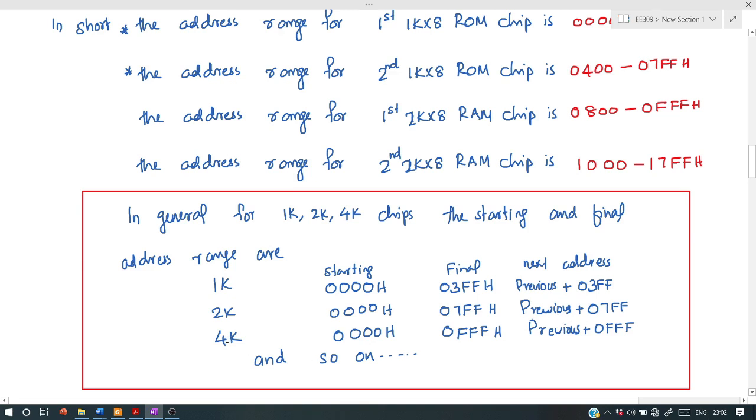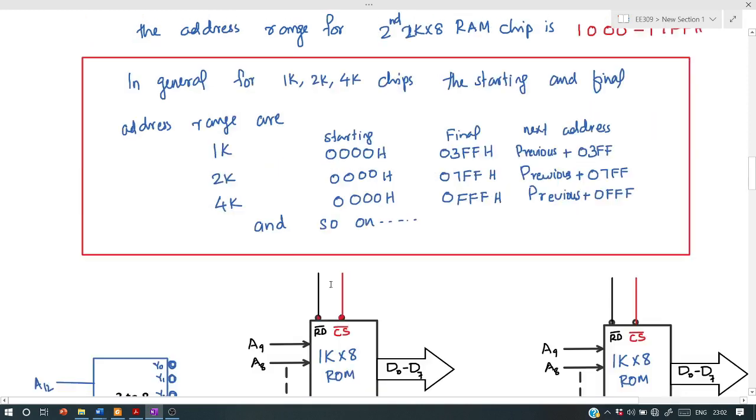Similarly, for 4K memory, the starting address is 0000H and the final address is 0FFFH. If we have any starting address, the next address can be obtained by adding 0FFFH to that previous address.